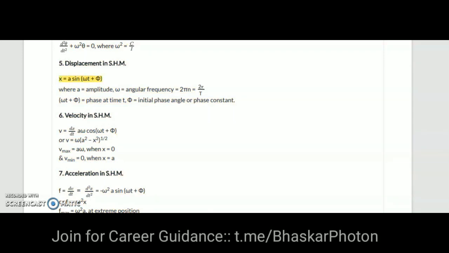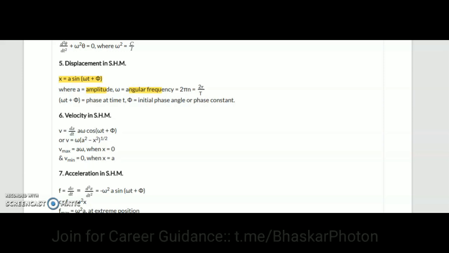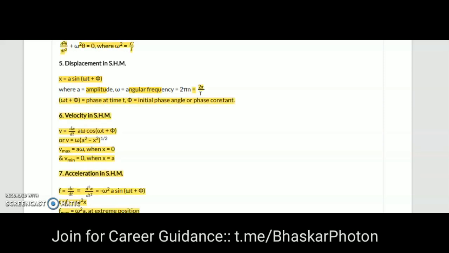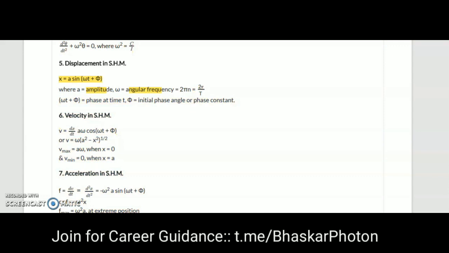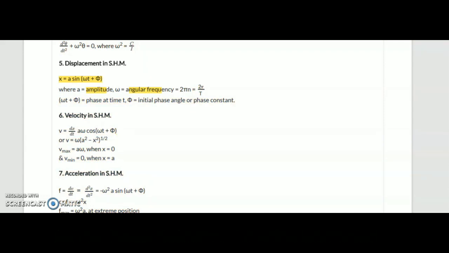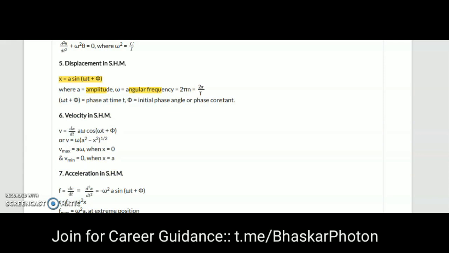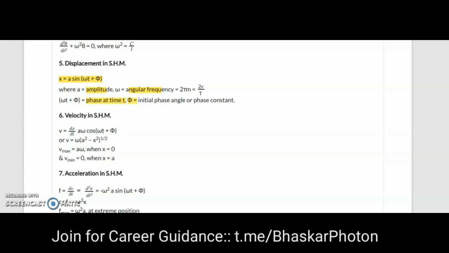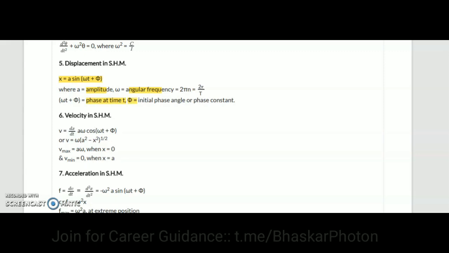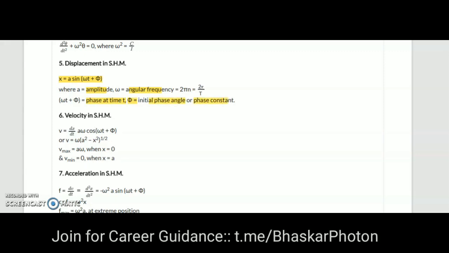So x is equal to a sine omega t plus phi is the displacement, where a is the amplitude and omega is the angular frequency, which is 2 pi times f, that can be written as 2 pi by T. And omega t plus phi is the phase at time t, and phi is the initial phase or phase constant.